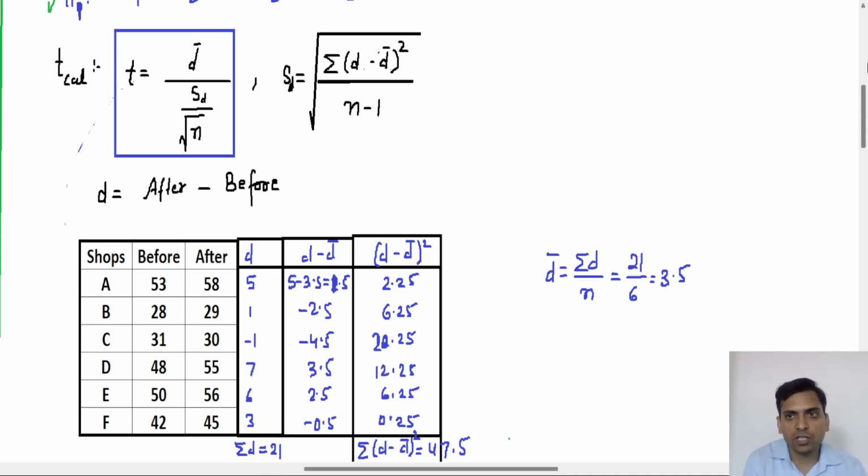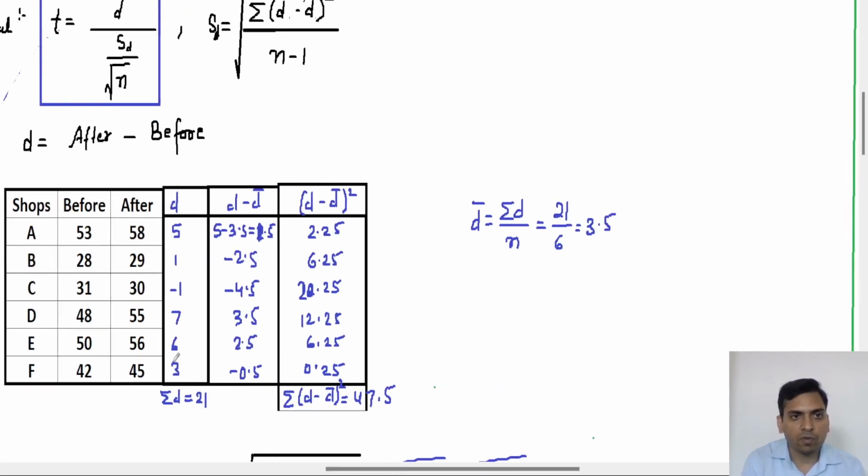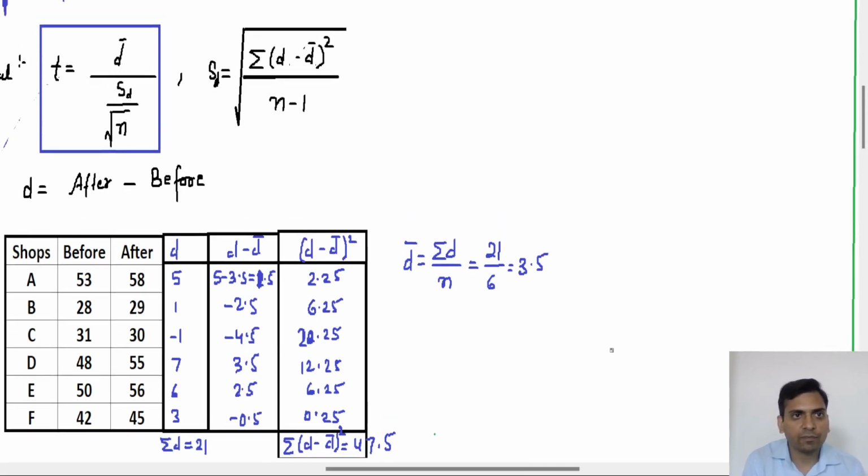Then you need D bar. D bar means the mean of D values. If this summation D is divided by the number of observations, six observations, then you will get D bar, the mean of difference. Now we need to find this SD. So we will prepare a D minus D bar column first, then a D minus D bar square column, and then the summation.